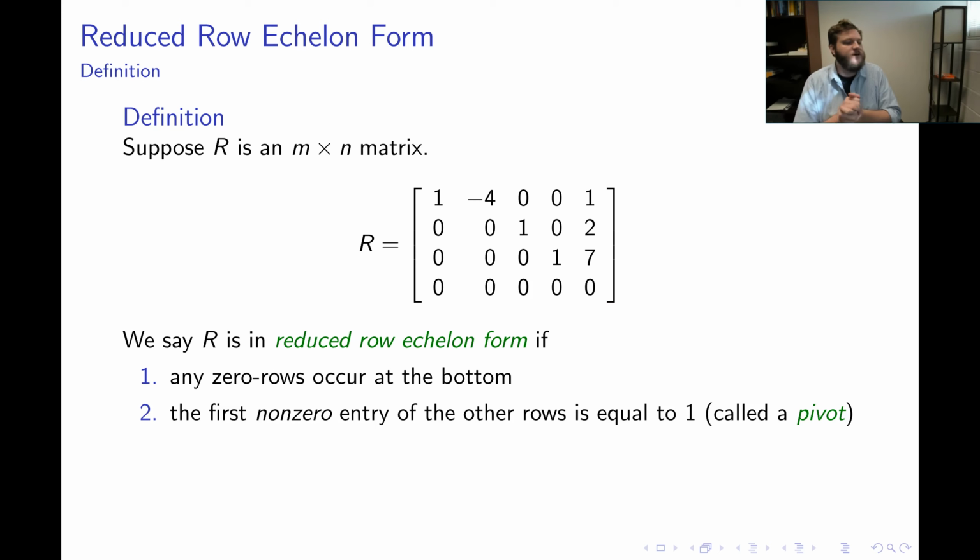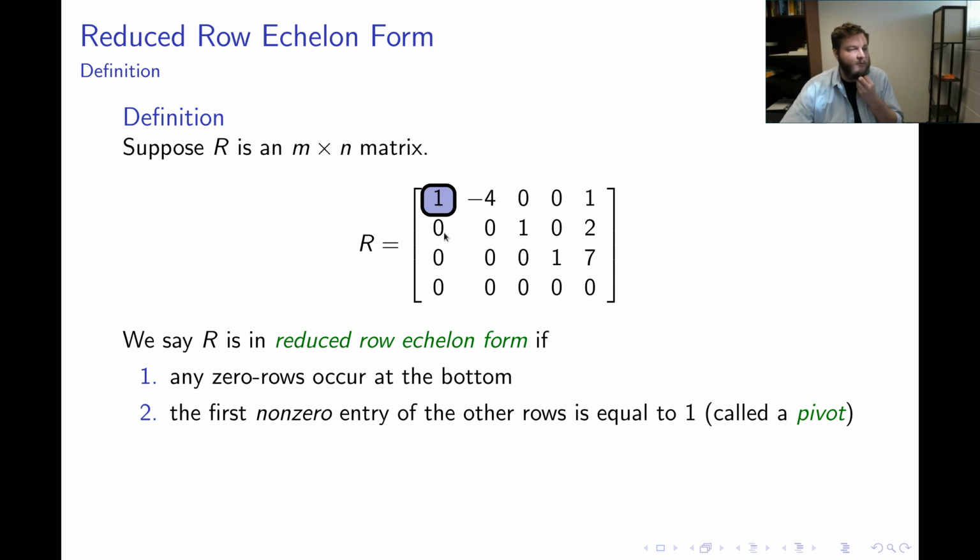The next rule says if you look at all of the other rows, so all the rows where there's at least one entry not equal to 0, the very first non-zero entry must equal 1, and we call that entry a pivot. So if I go back to my example up here, I note that in the first row, the very first position is equal to 1. That's my first pivot in the matrix.